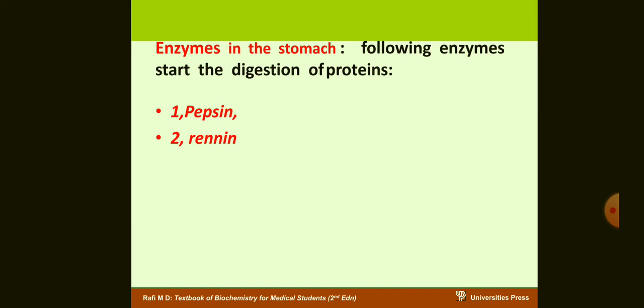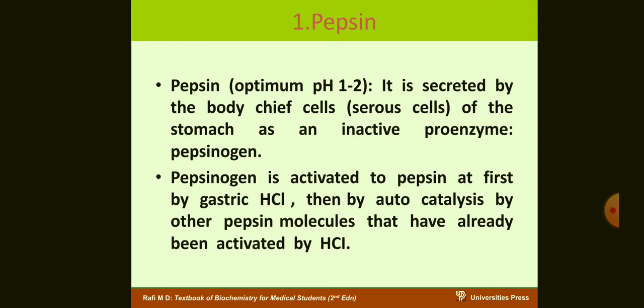The enzymes present in the stomach which start the digestion of protein are pepsin and renin. Pepsin has maximum activity, that is, its optimum pH is between 1 to 2.